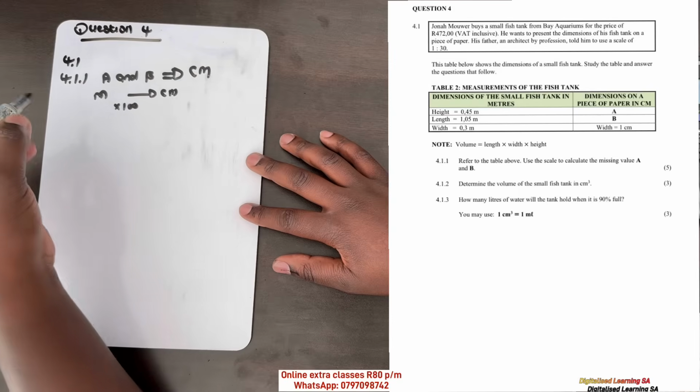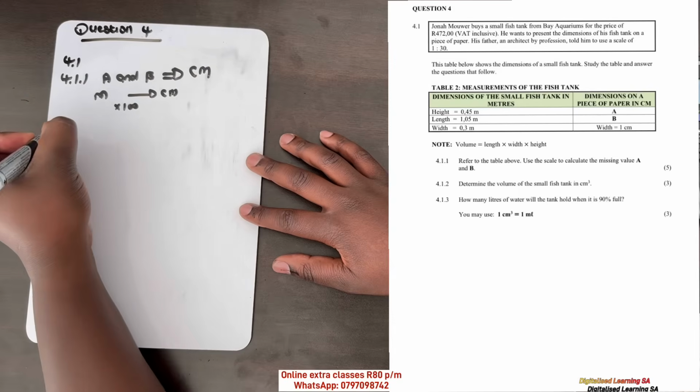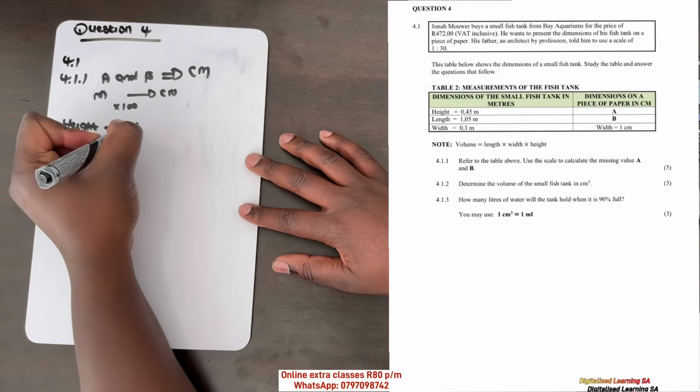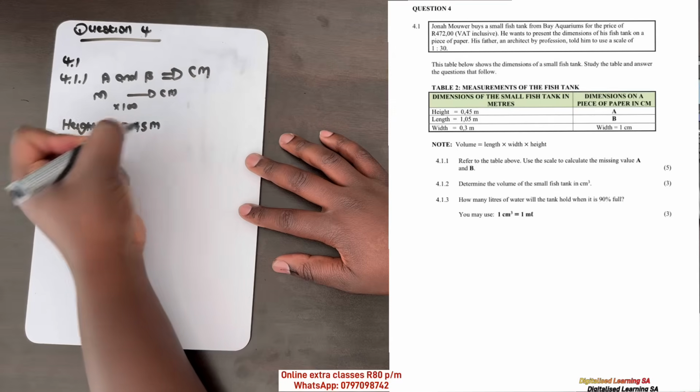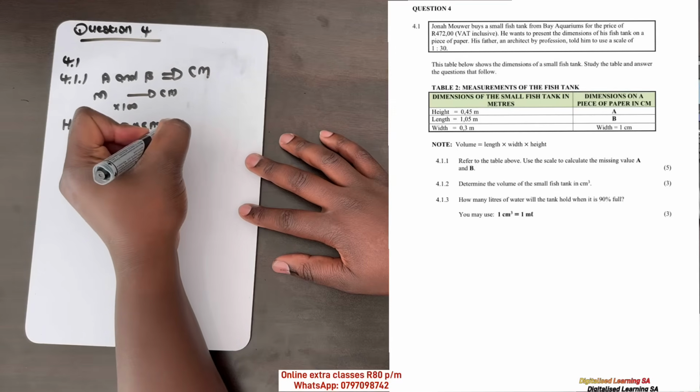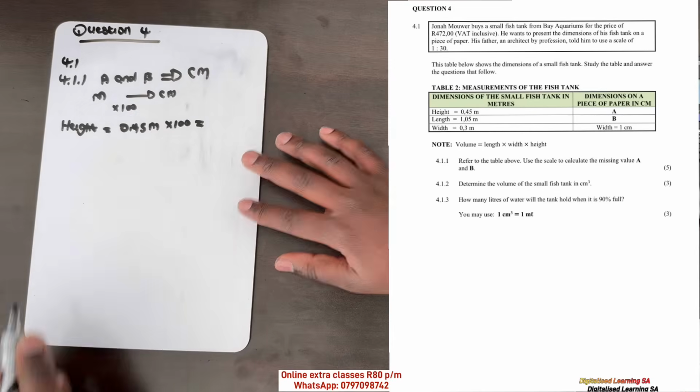Okay, so now let's start with our height. We can see that it is given as 0.45 meters. If we want to convert it into centimeters, we simply have to multiply by 100.